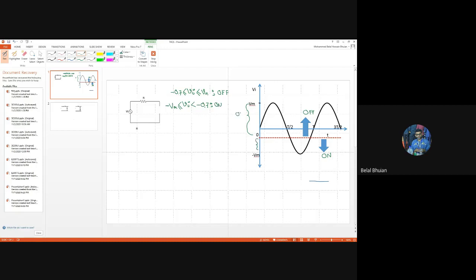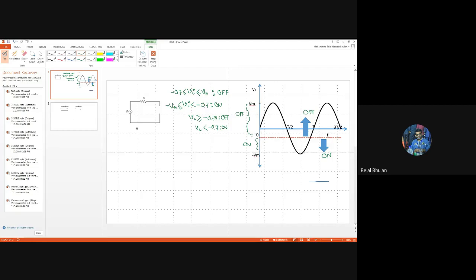This is the off range, this is the on range. Also, it can be written this way as well: Vi greater than or equal to minus 0.7, off; Vi less than minus 0.7, on.